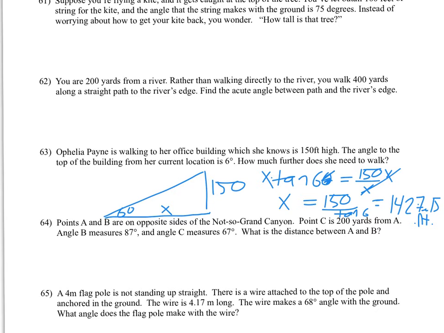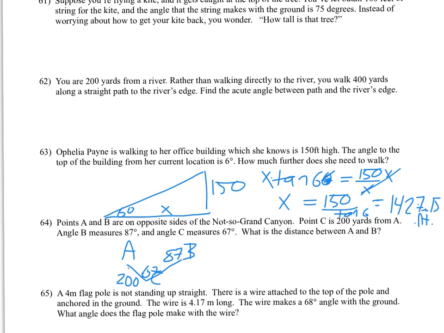For number 64, points A and B are on opposite sides of the not-so-great canyon. Point C is 200 yards from A. Angle B measures 87. Angle C measures 67.